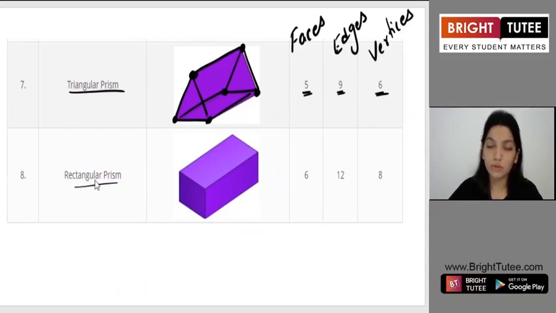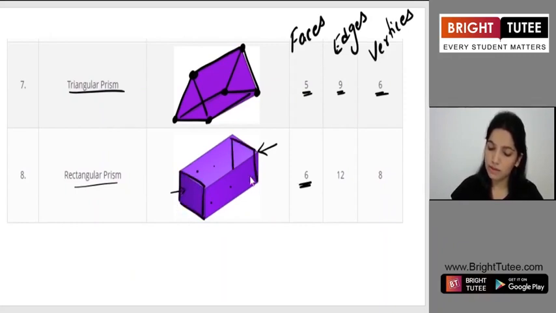Moving ahead with rectangular prism. So rectangular prism has got again 6 faces, 2 on either ends here, and 1, 2, 3, 4 at all the sides, right? So it has got total of 6 faces. Now coming to the edges. So here 1, 2, 3, 4, 5, 6, 7 and 8.